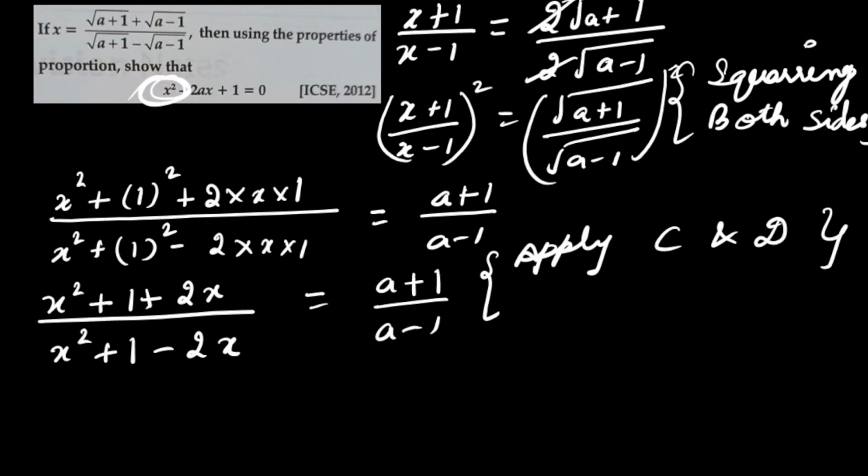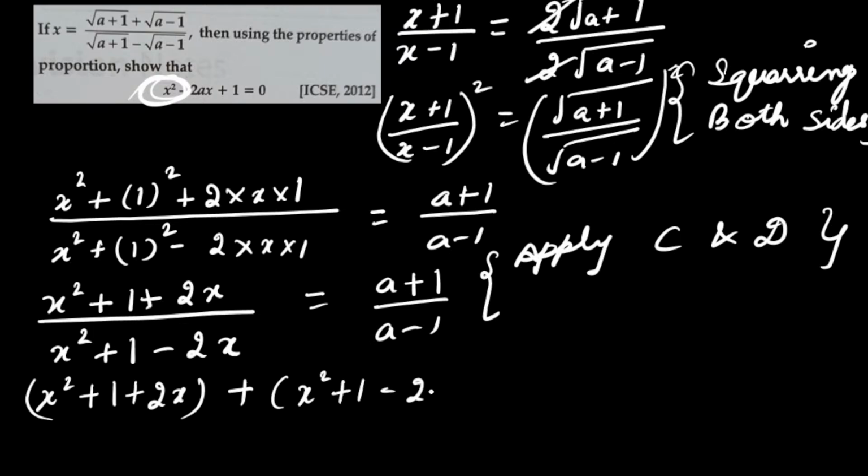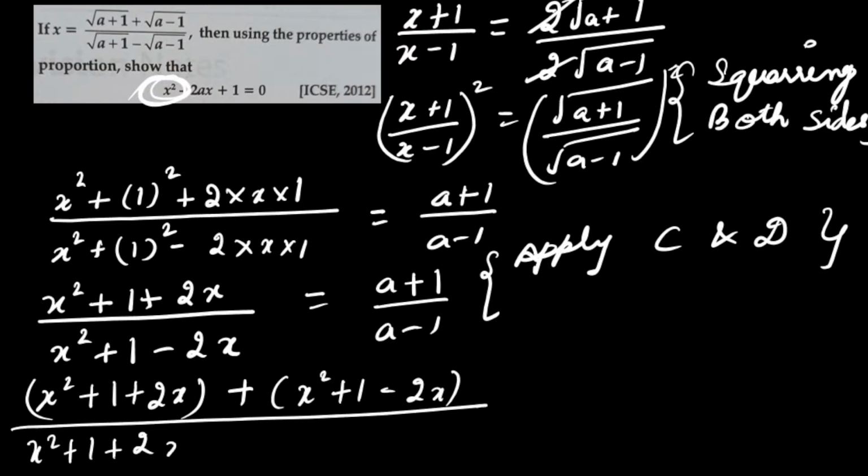Simplification we should do, or componendo? Let's apply componendo and dividendo once. If I apply it, it will become x square plus 1 plus 2x, so this is numerator plus denominator, over x square plus 1 minus 2x by x square plus 1 plus 2x minus x square plus 1 minus 2x.